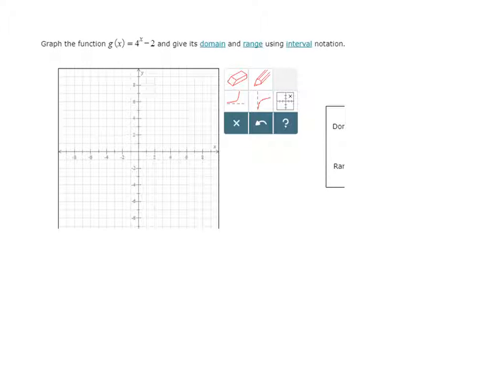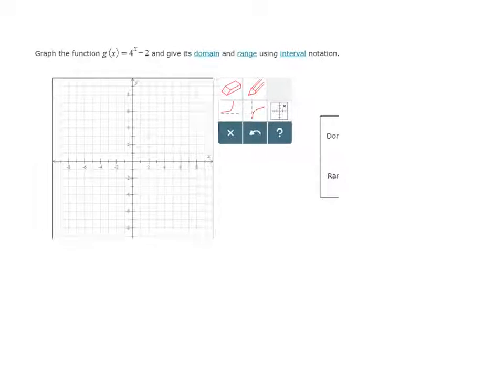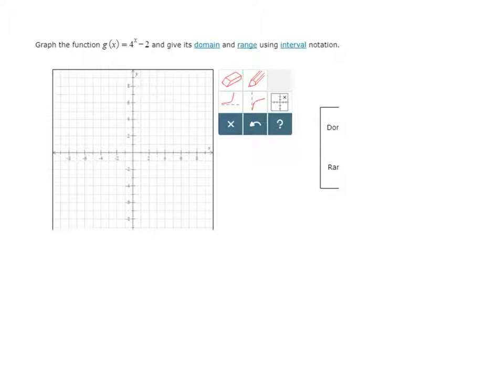So when we look at this question where we're asked to graph the function g of x equals 4 to the x minus 2, we need to recognize that that function belongs to the family of other exponential functions in the form f of x equals b to the x, where b is 4 in this case.